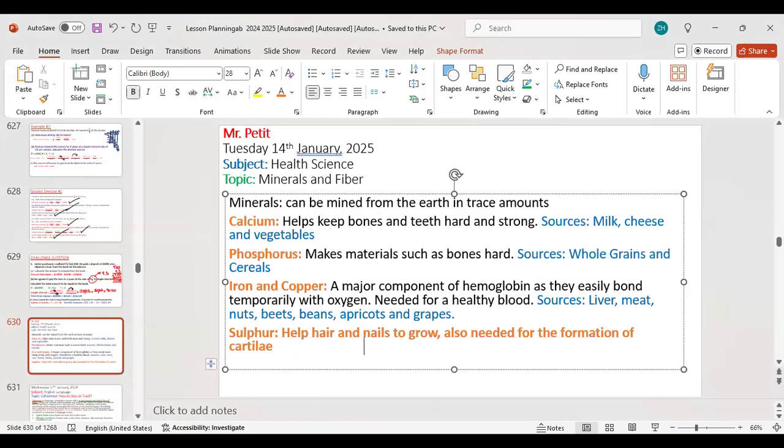When I say cartilage, what system is that in? Bone. Yeah, the skeletal system. So cartilage and tissues. So it also helps with that.